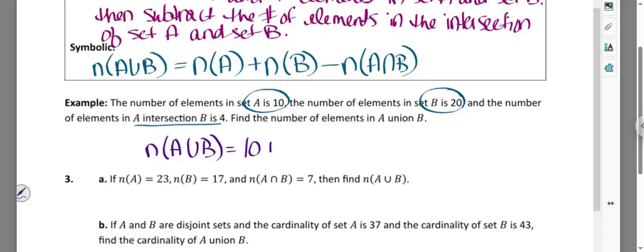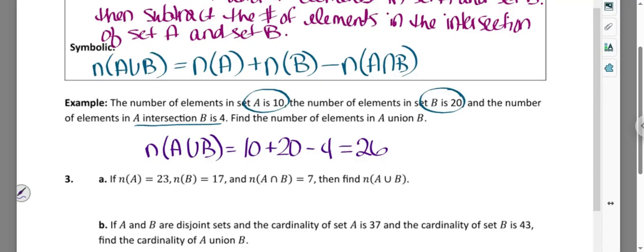So 10 plus 20 minus the intersection. There are 26 distinct items in the union. We're not counting anything twice.